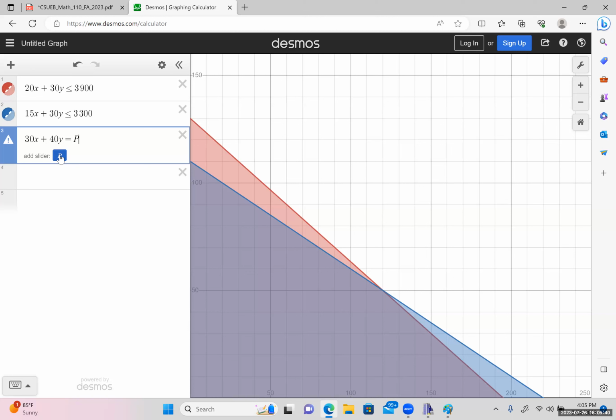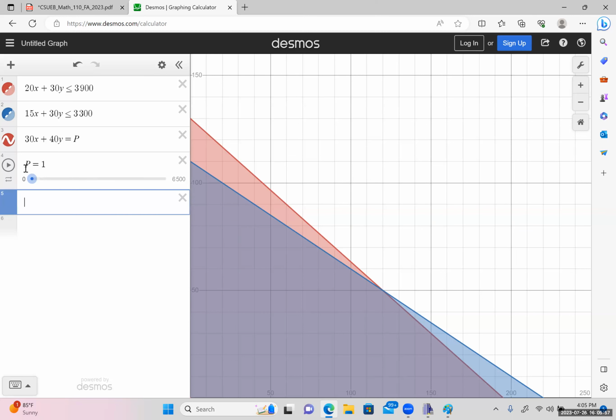I assume that P runs from 0 up to, I don't know, 6,500. And I want to play it, and you see it is going to be multiple parallel lines.